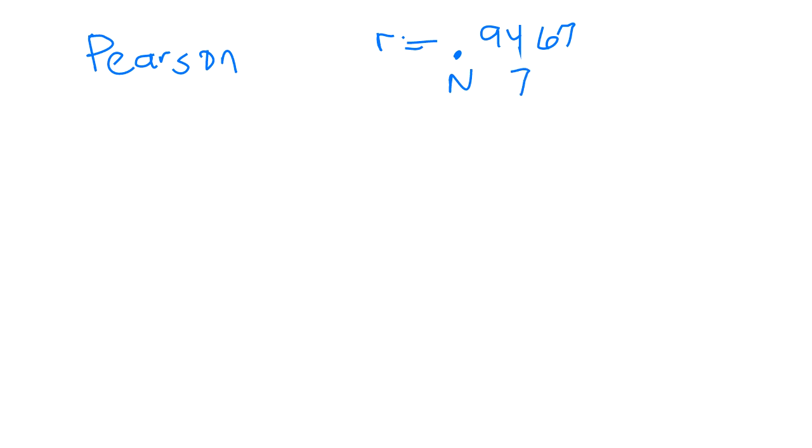So p came out to be 0.00123, which is less than alpha, which is 0.05. So it's significant.